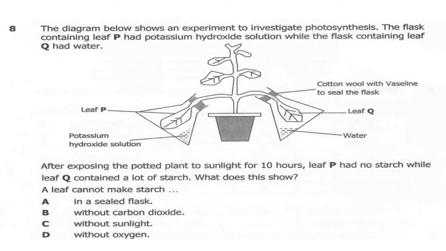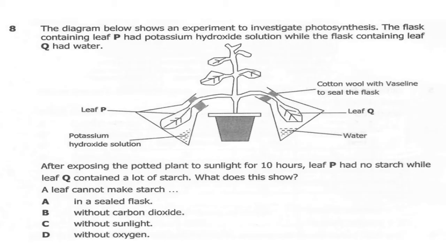Question 8. The diagram below shows an experiment to investigate photosynthesis. The flask containing leaf P had potassium hydroxide solution, while the flask containing leaf Q had water. After exposing the potted plant to sunlight for 10 hours, leaf P had no starch, while leaf Q contained a lot of starch.